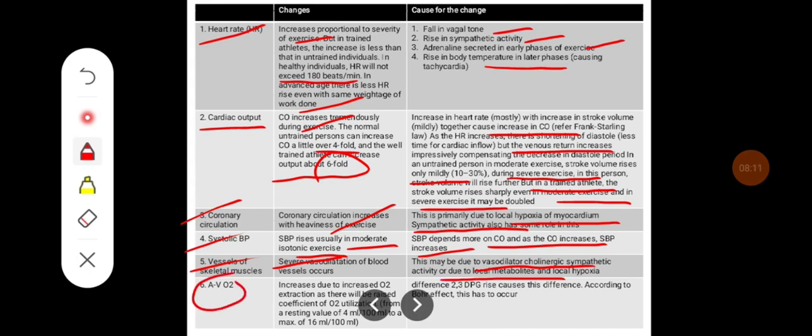The artery venous difference is increased due to the increased oxygen extraction, as there will be raised coefficient of oxygen utilization from resting value of 4 ml per 100 ml to a maximum of 16 ml per 100 ml. And this difference is mainly contributed to by the increase in 2,3 DPG. According to the Bohr effect, this has to occur.